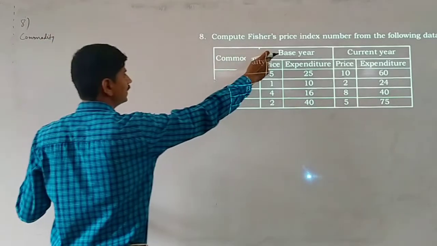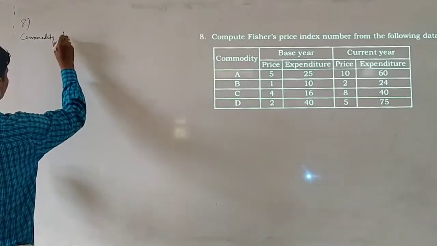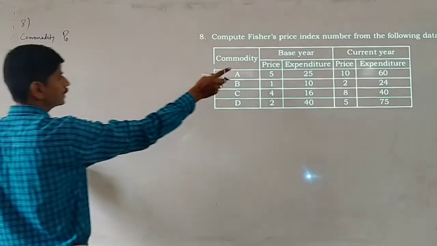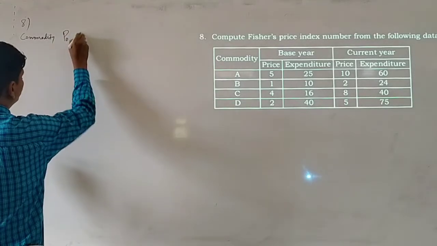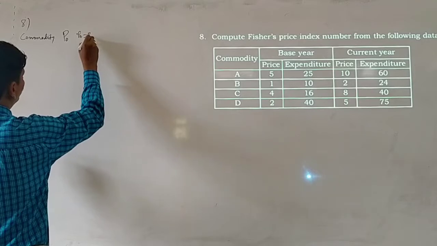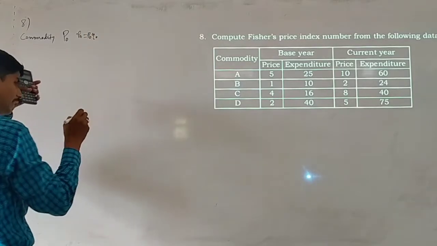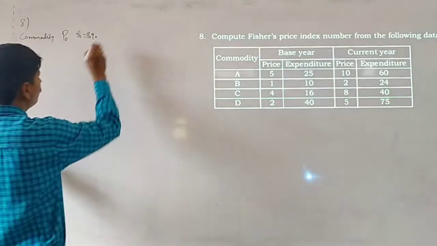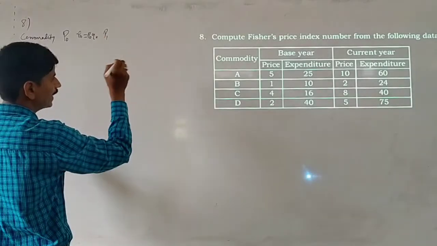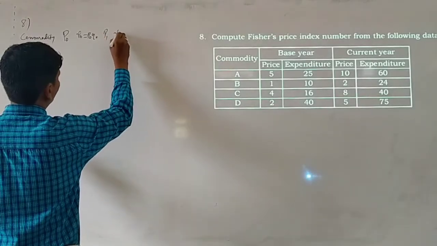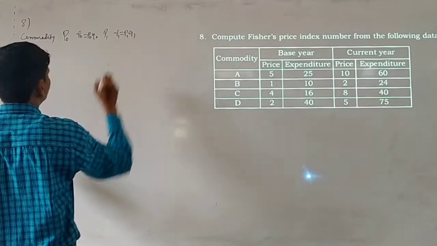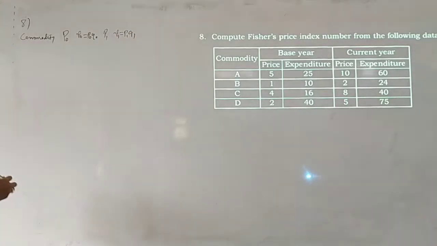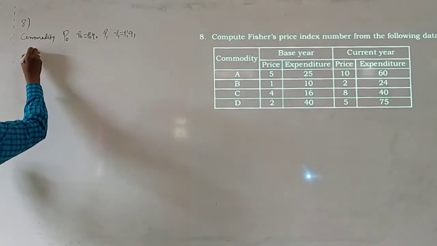Base year price is denoted by P0 and base year expenditure is P0 Q0. Next, current year price is denoted by P1 and current year expenditure is P1 Q1. Here you have to write all the commodities A, B, C, D.